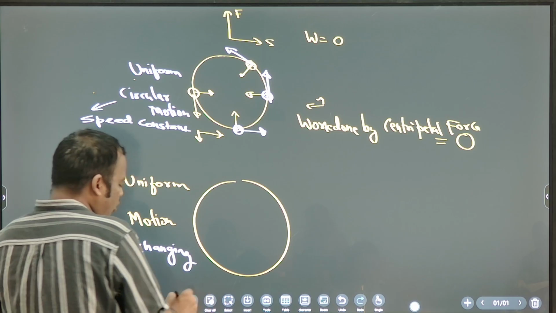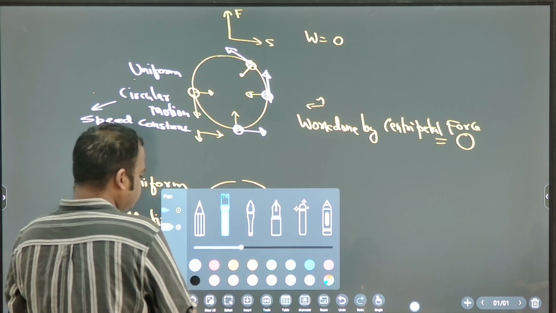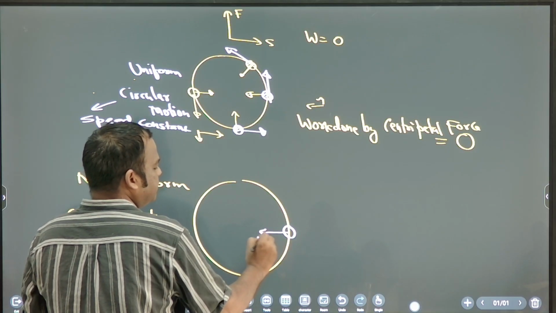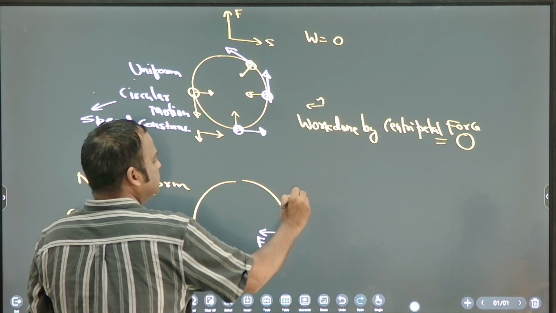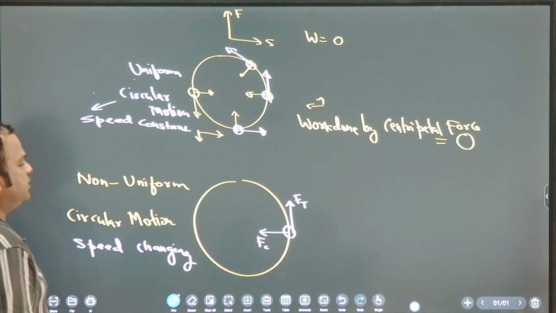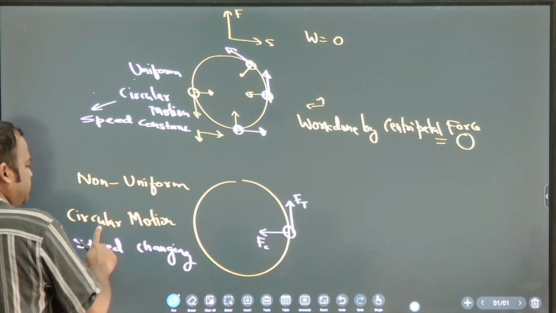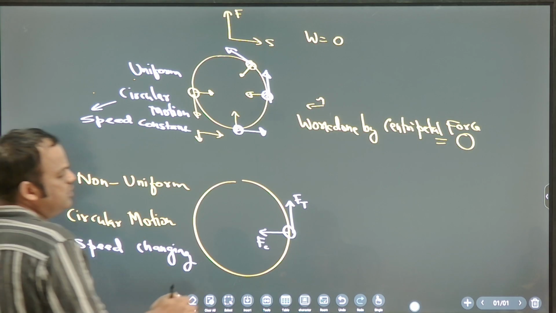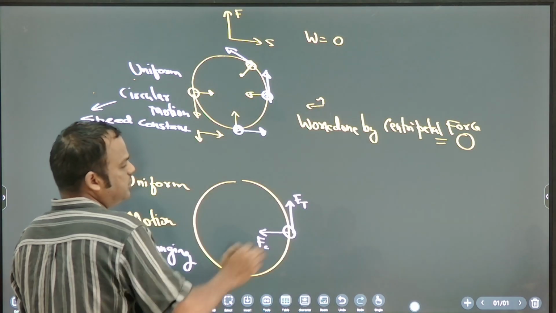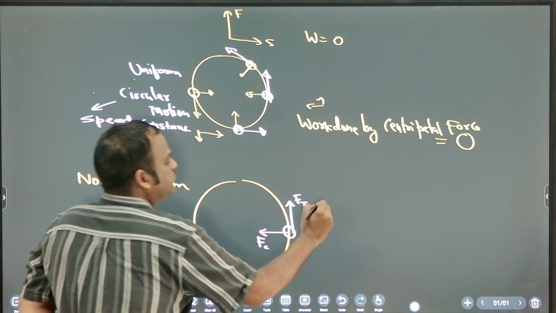So how many forces in circular motion? Two forces are there. One is centripetal force, another is tangential force, correct? In non-uniform circular motion, speed is changing. So which force is changing speed? Tangential. Okay, note down.